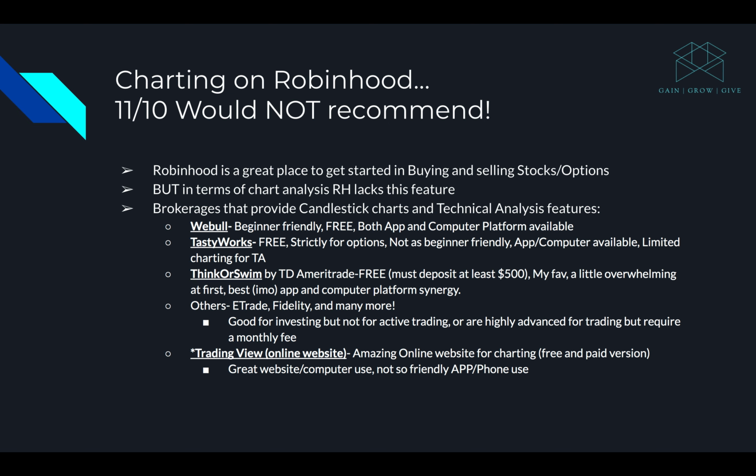They actually have a charting feature on their platform, both on the phone and on the desktop website. You have other platforms such as Tastyworks, very good for options trading, and you have places like Thinkorswim by TD Ameritrade. It's free. You just have to deposit $500 to get real-time data, and they have a lot of data, and that's actually what I use.